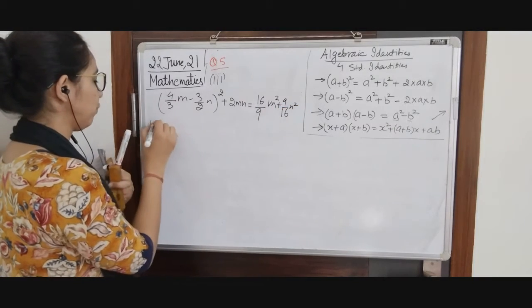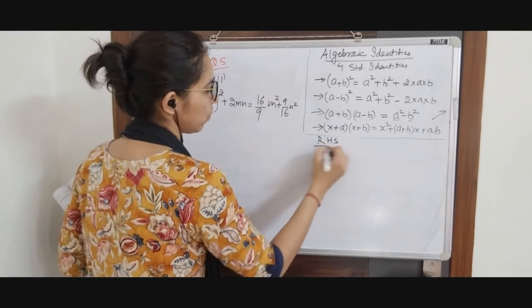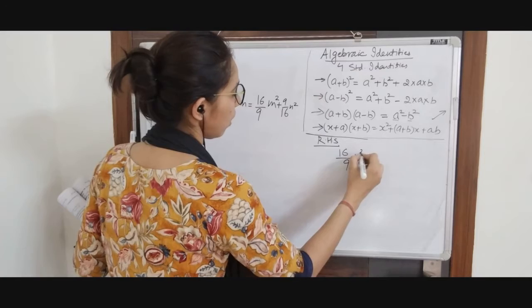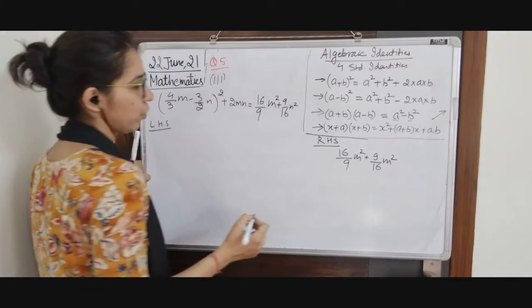Okay, so we are going to simplify left hand side and, if required, right hand side also, and then we are going to check whether they are equal or not. It means we have to show them both as equal.